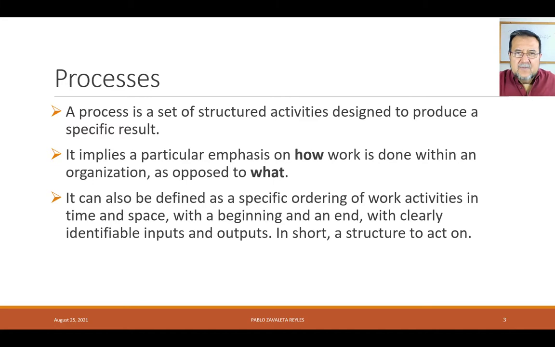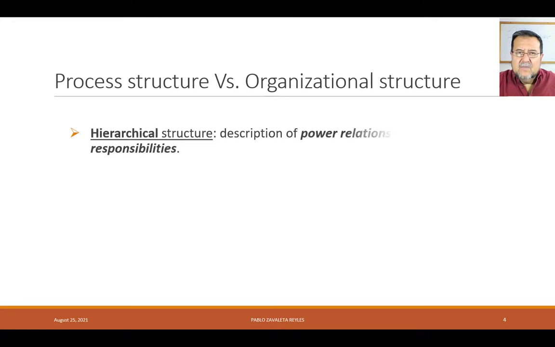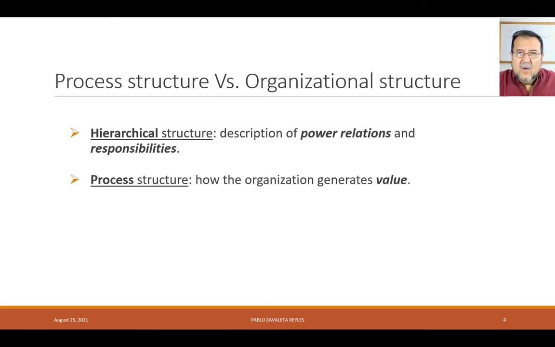And this helps us, for example, when we want to check out the organizational structure of an organization. Usually, a hierarchical structure defines or describes the power relations and the responsibilities in that organization, whereas a process structure helps us understand how the organization generates value.